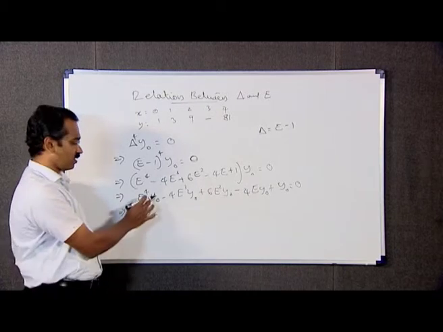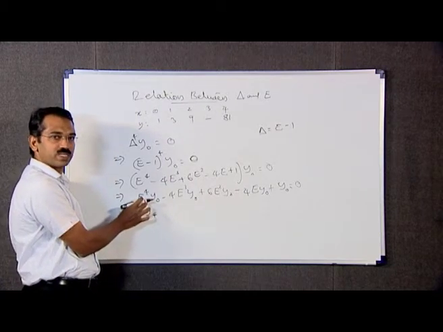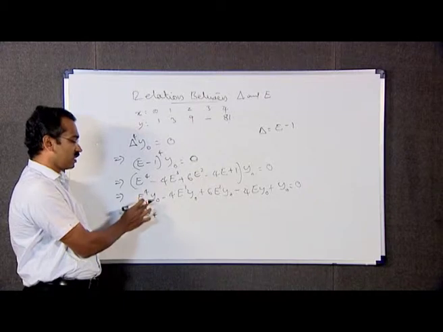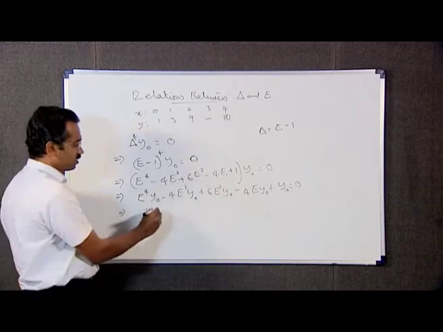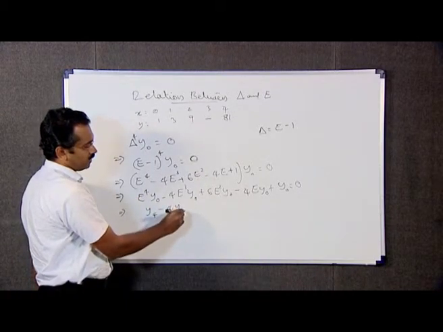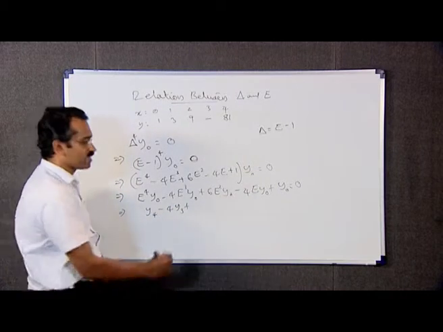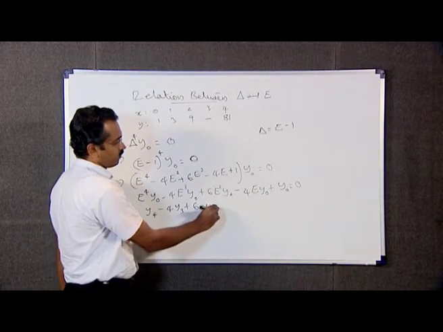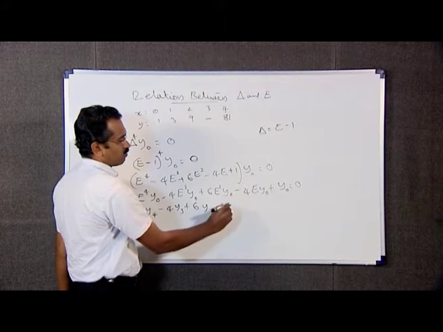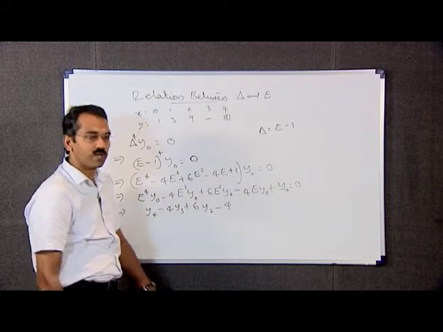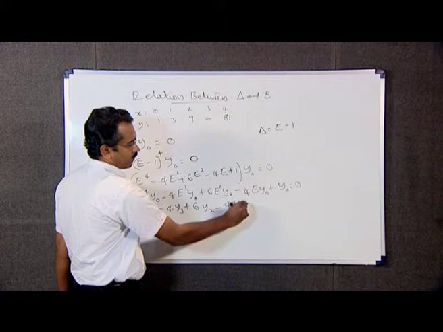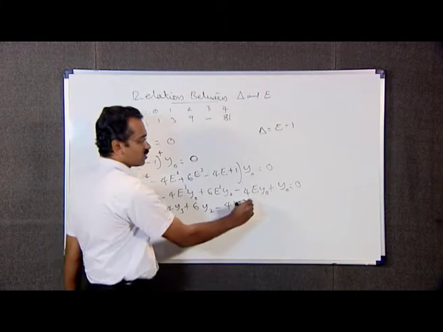By the definition of shift operator, we can write this as y4 minus 4 y3 plus 6 y2 minus 4 y1 plus y0 is equal to 0.